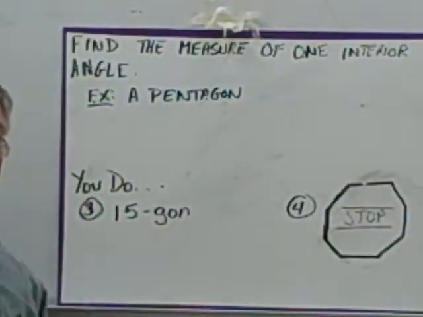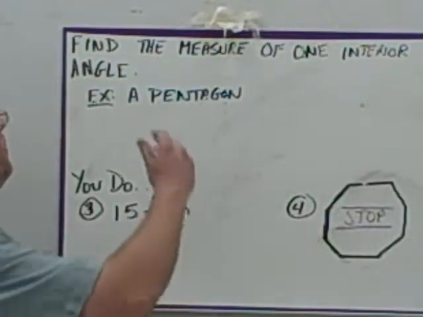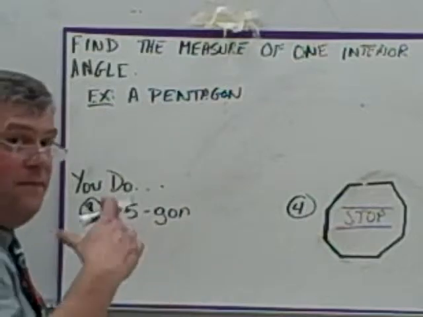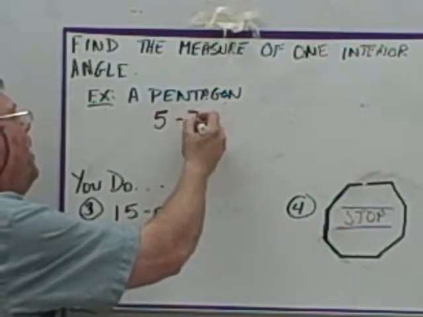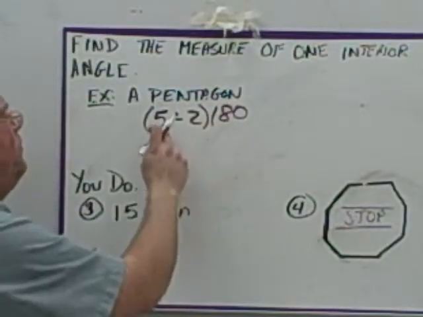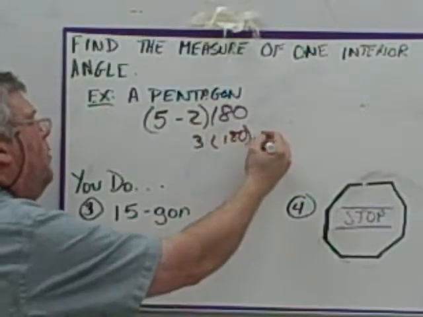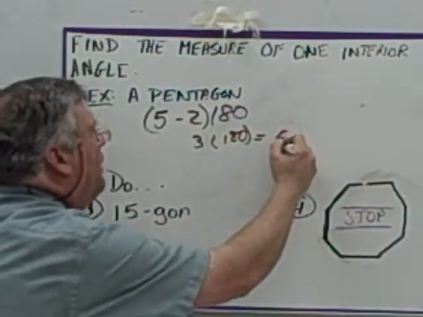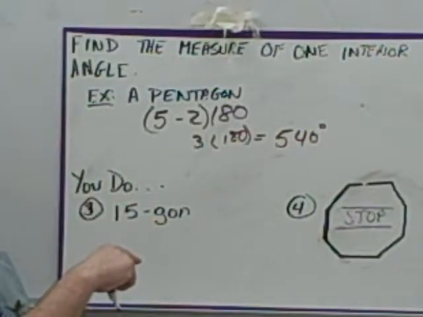Since we're moving on to the next board anyway, let's take a look. Find the measure of one interior angle of a pentagon. Well, a pentagon is a 5-sided figure. So we're going to have (5 minus 2) times 180. That's 3 times 180, which is going to give me 540 degrees. That's the sum of all the angles.